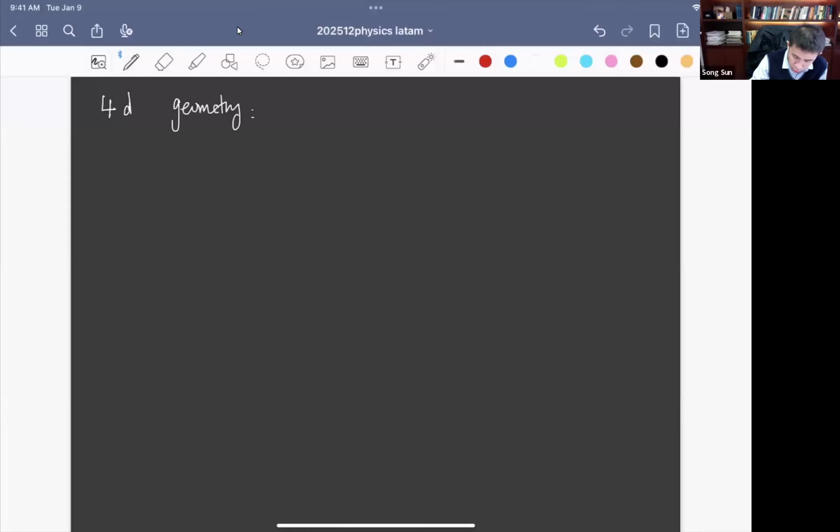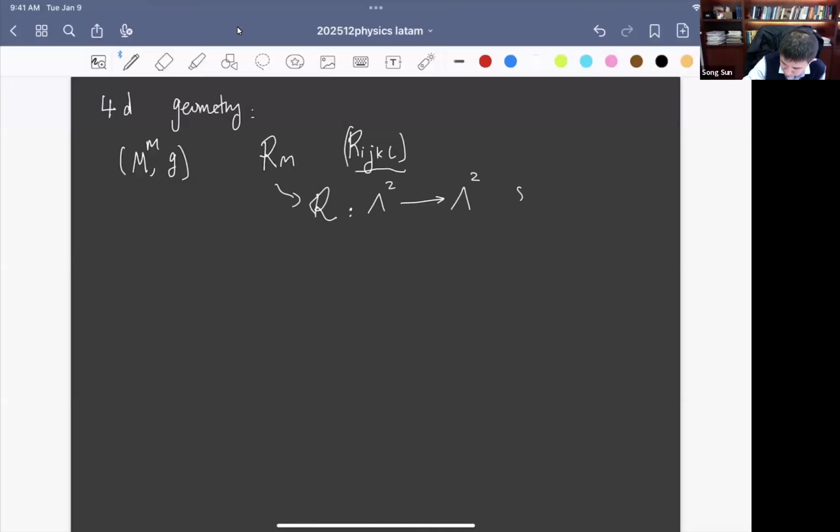So we know that in general, if you study m-dimensional Riemannian geometry, there's the curvature tensor, you write R_ijkl, it has some symmetry, and it can be viewed as an element in the curvature mapping, Λ² to Λ², a symmetric endomorphism.